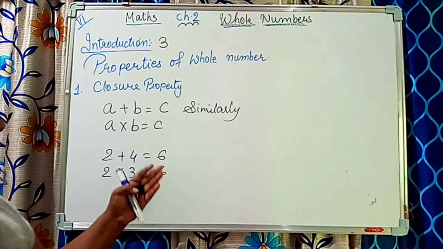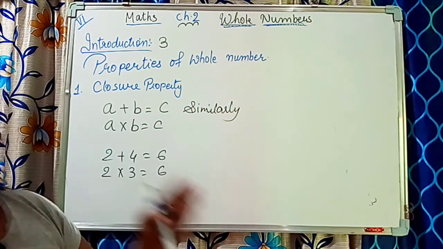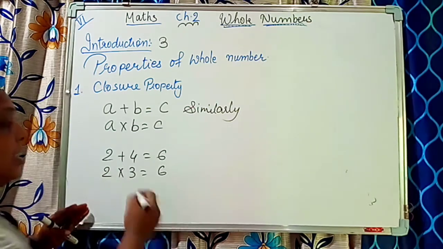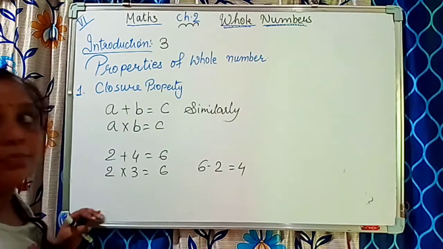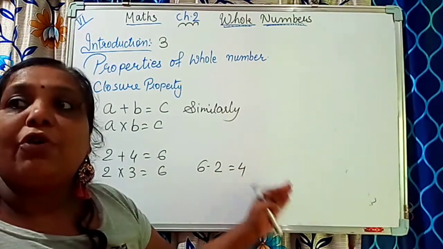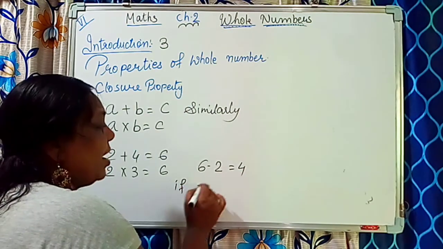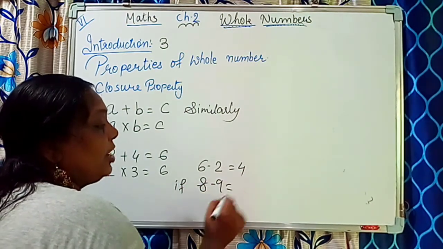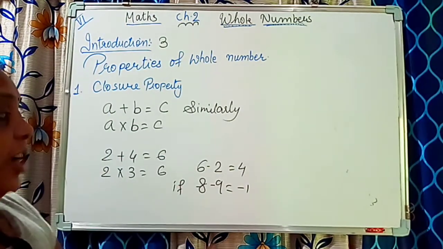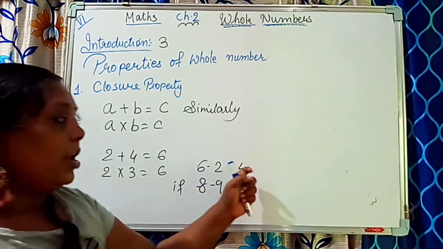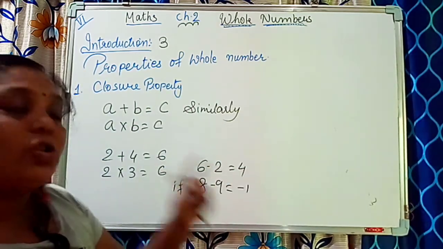Here, if I do subtraction, it won't always work. 6 minus 2 will come 4, which is a whole number. But if I do 8 minus 9, it comes minus 1. So in subtraction, the answer is a whole number only when there is no negative number, only a positive number.